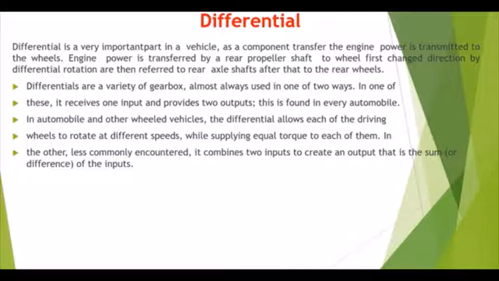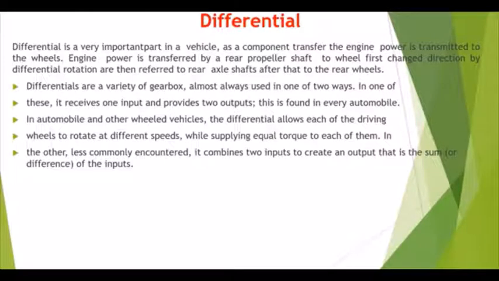The major use of the differential is this: when the power is transmitted from your gearbox to the propeller shaft, and then from the propeller shaft to the differential, the differential distributes the power equally to both the wheels. This is one of the important uses of the differential, as is when your vehicle is making a turn, maybe to the left or right.